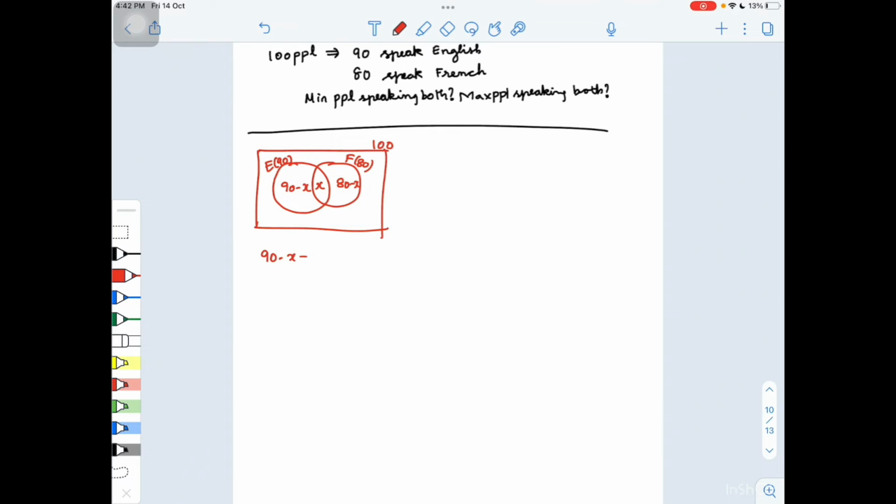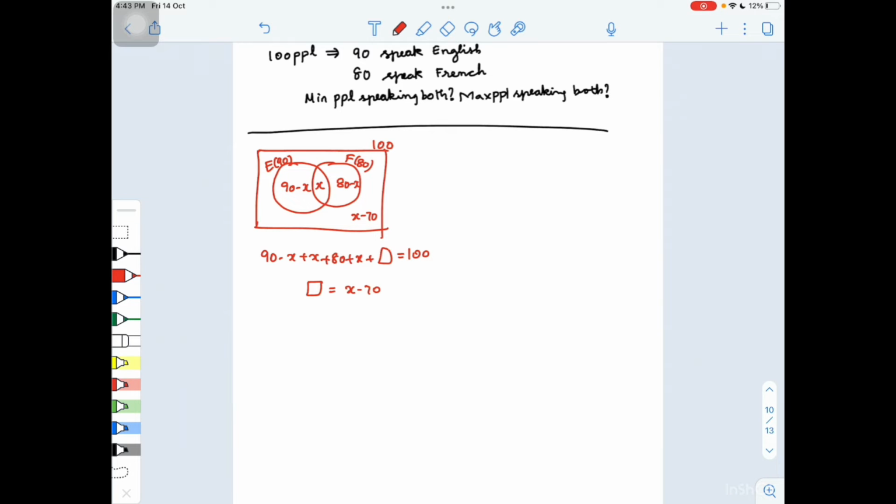Therefore 90 minus X plus 80 minus X plus this outside region is equal to 100. If I solve for it, the outside region is X minus 70.